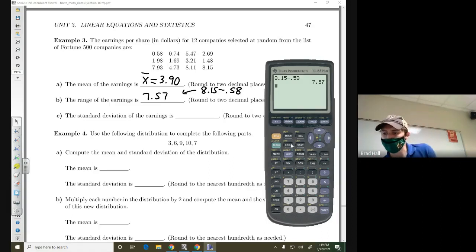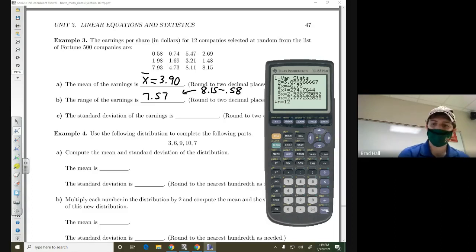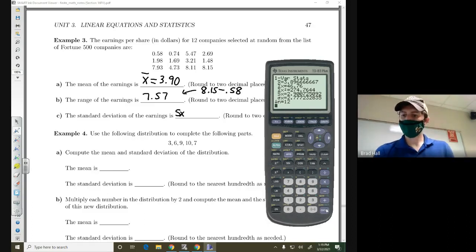And of course, I already exited out. So let's go back to the 5-number summary. And if you scroll down, actually, you don't even need to scroll down. The standard deviation, this is our first time looking at this, is the value that says SX. SX in the calculator. And to 2 decimal places, that's 2.90.